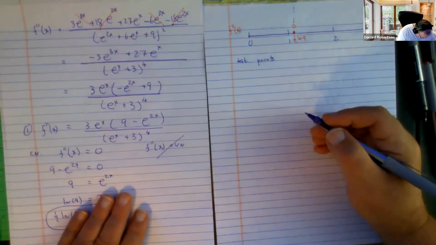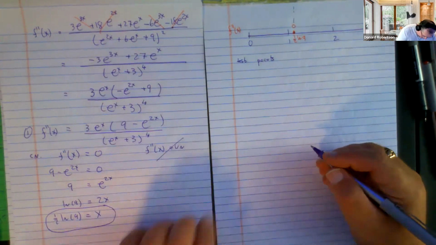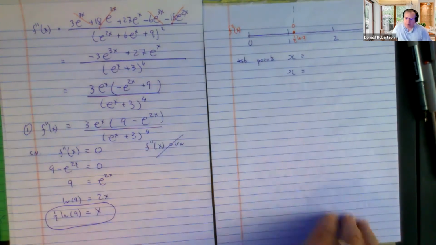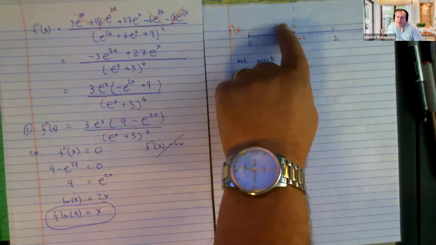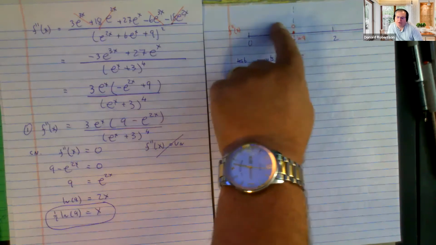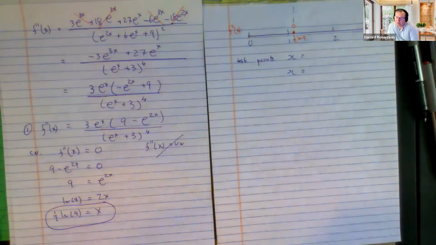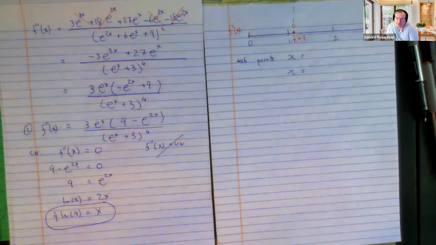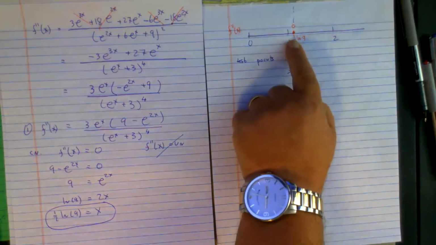I'm going to pick, you tell me who I'm going to pick. Who should I choose as an easy to work with test point on the left? What value of x should I use for my test point on the left? 0.